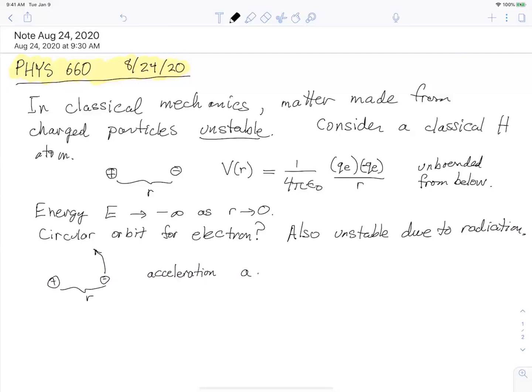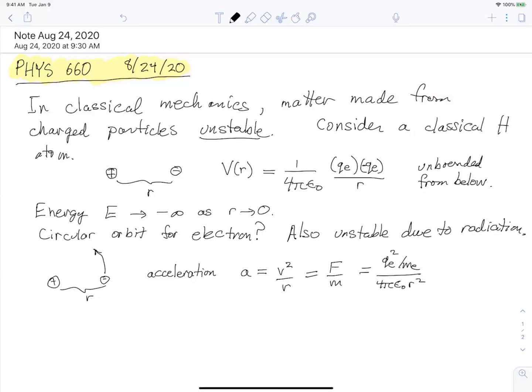The acceleration is equal to v squared over r for circular motion, but it's also equal to the force divided by the mass. If we take the force from this expression from the potential, this becomes e squared over m sub e divided by 4 pi epsilon naught r squared.